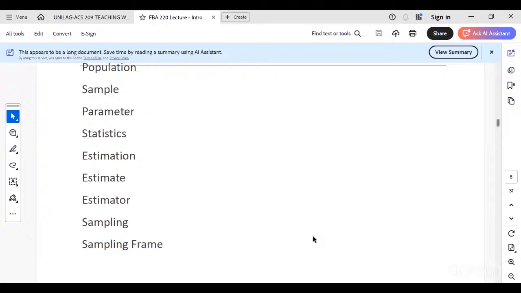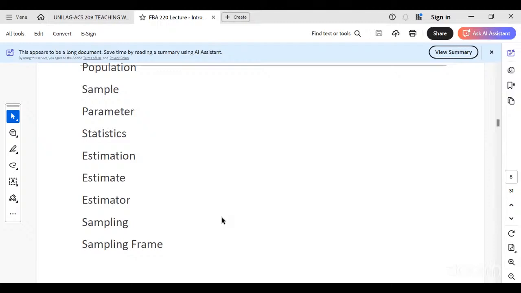So I can have sample mean, sample variance, sample standard deviation. And what it means is that the function represents units in my sample, not in the entire population, just in my sample.